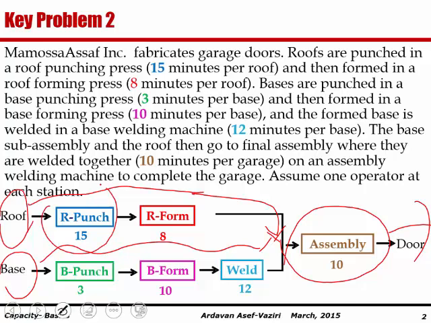Activity 1 takes 15 minutes, and it is done on a human and capital resource called R-punch. This activity takes 8 minutes, and the resource allocated to it is called R4.